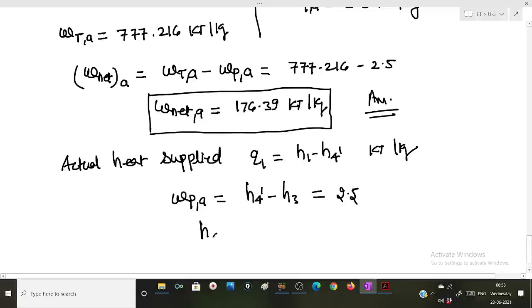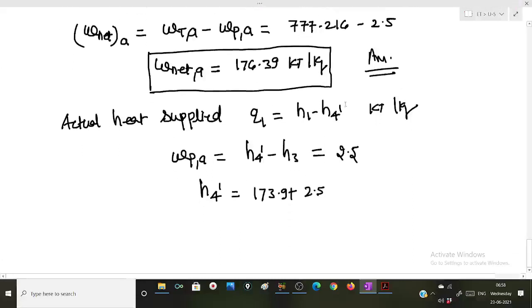From here the value of H4 dash will be, the value of H3 will remain same in both the cases, 173.9 plus 2.5. So I will get this value as 176.4 kilojoule per kg.